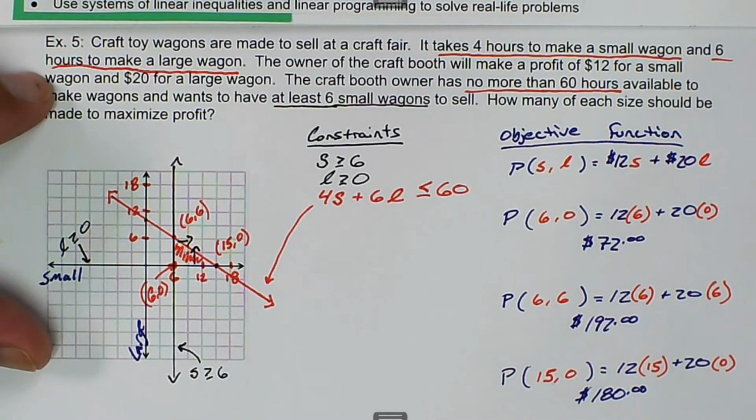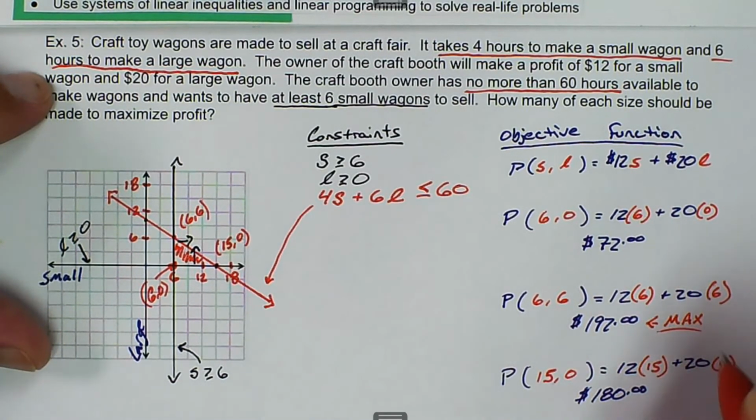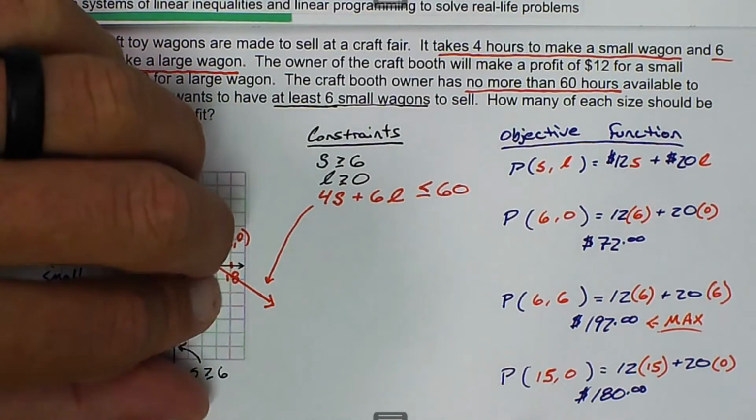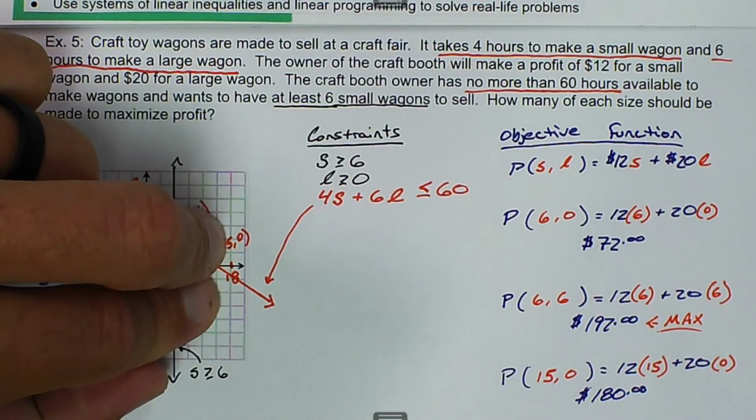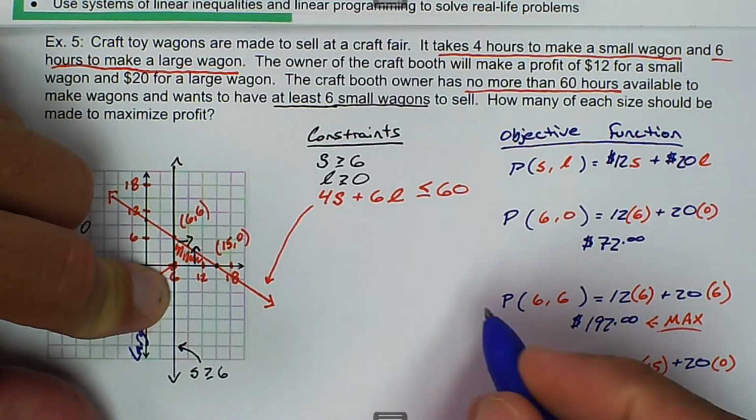So after we have it graphed and we check the vertices, then we know that the most that we can make is $192. The craft booth owner should make 6 small wagons and 6 large wagons to maximize profit of $192.